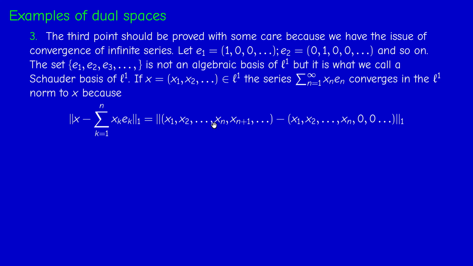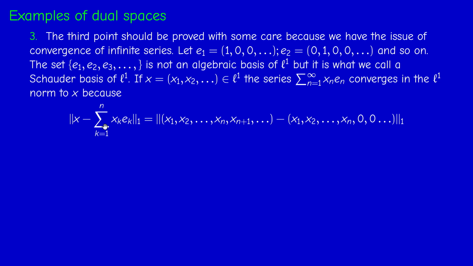How do I know that? I go back to the definition of convergence. How do I know that a series is convergent in a normed space? This happens when the sequence of partial sums converges. So instead of going to infinity, we go up to a certain integer n.